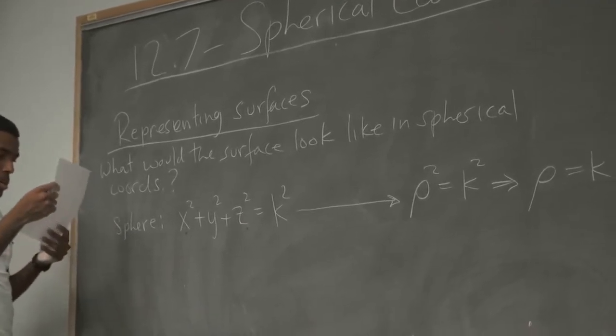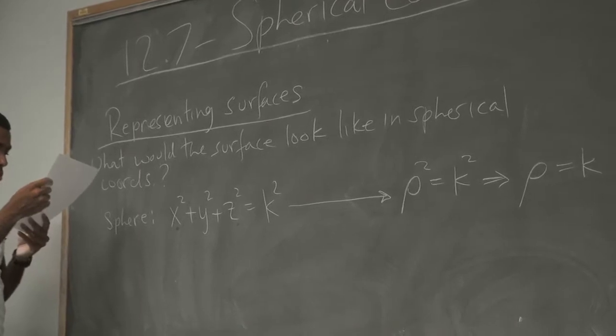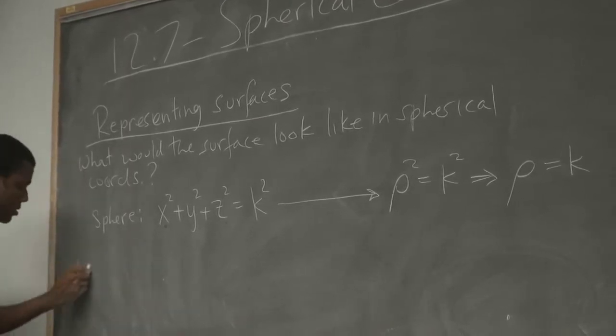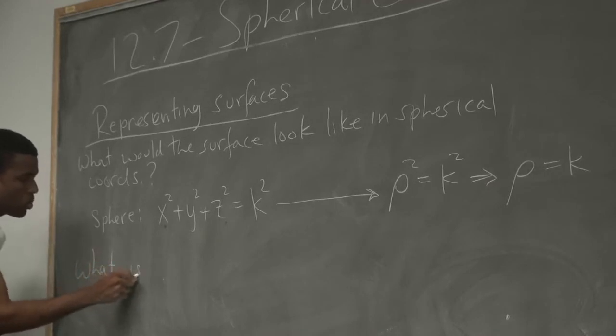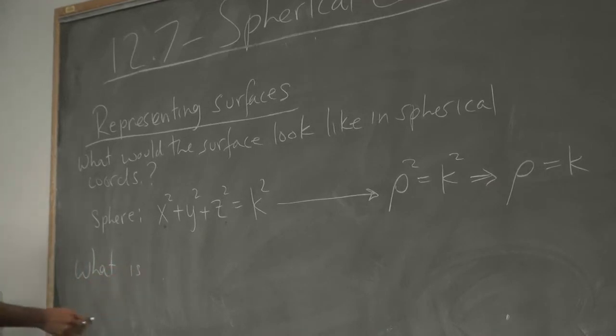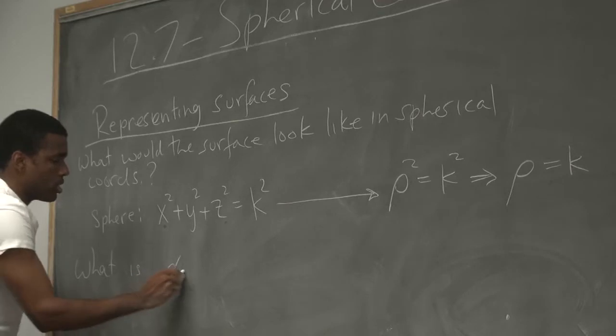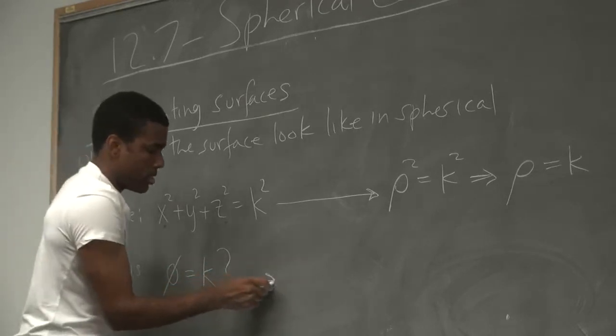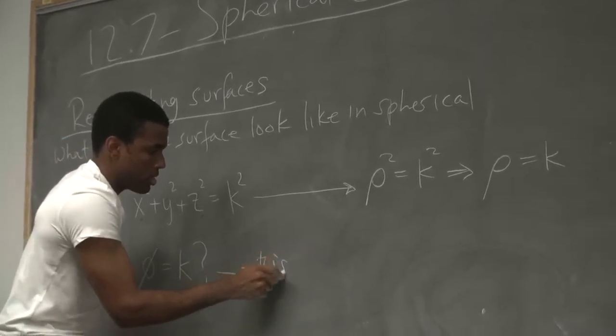What about, let's say I said phi equals a constant. What is that? It's a cone, right?